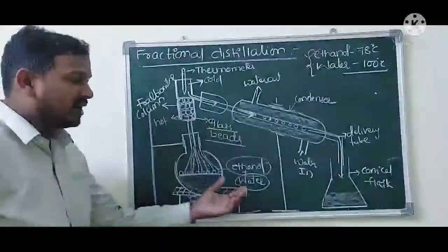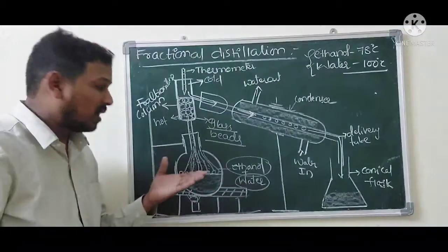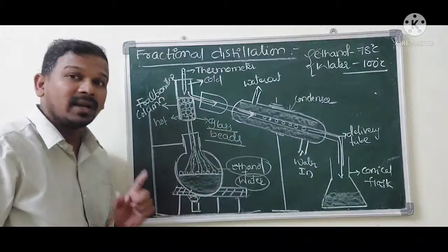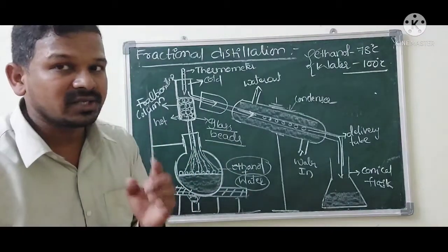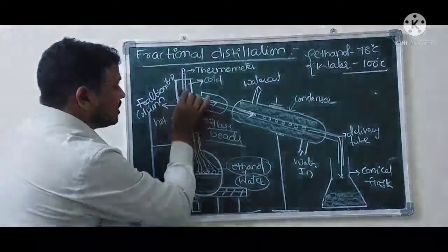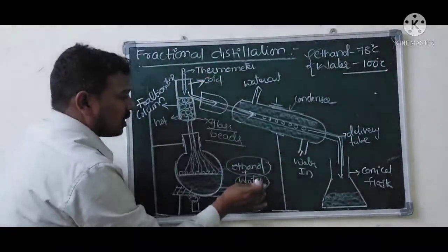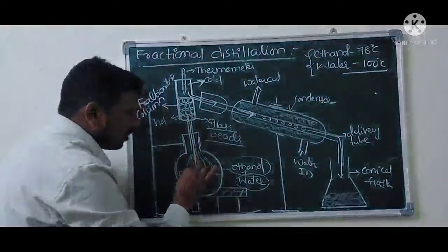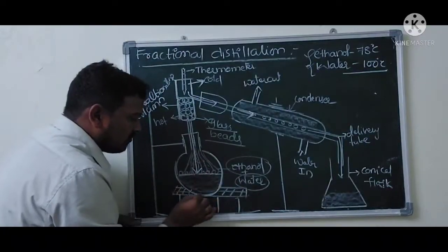Like this, every time water vapors will also form, and ethanol also forms, but ethanol will not condense as fast as the water. That's why it will reach the top, whereas the water will hit the glass beads and come back to the round bottom flask.